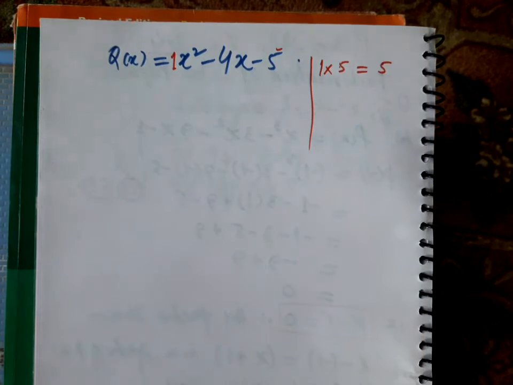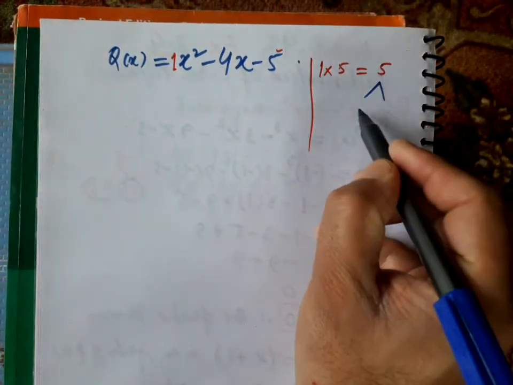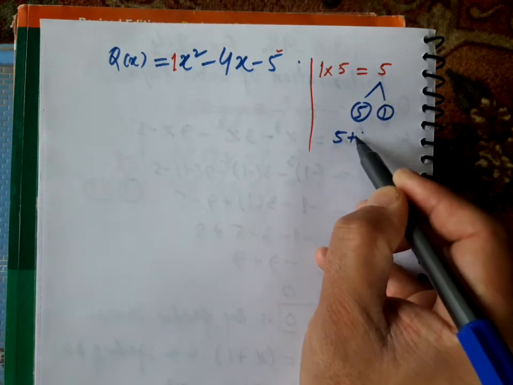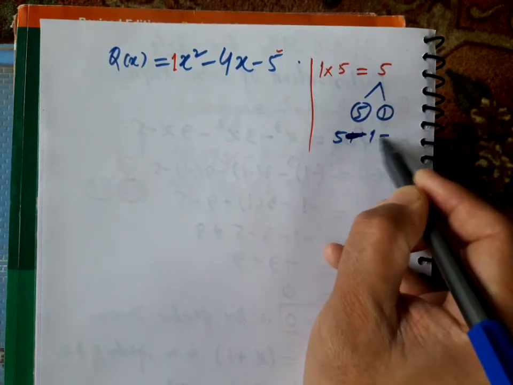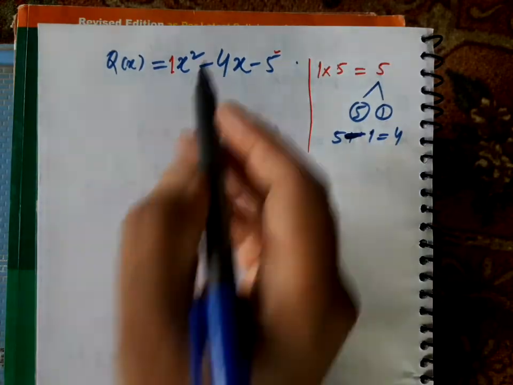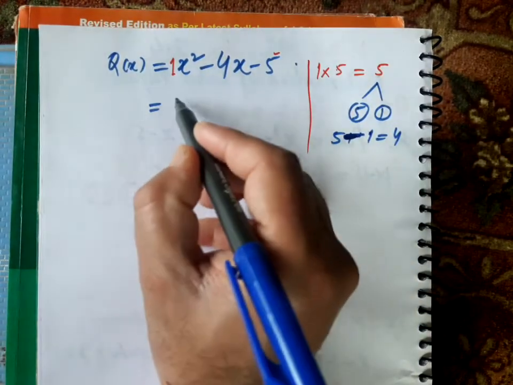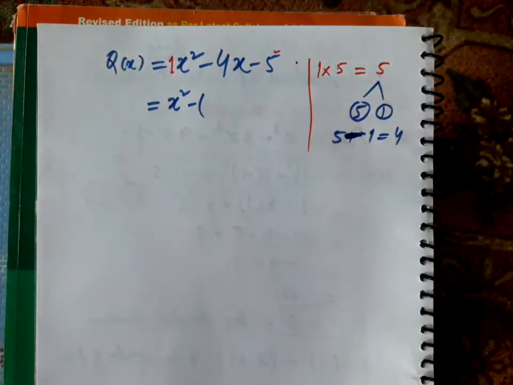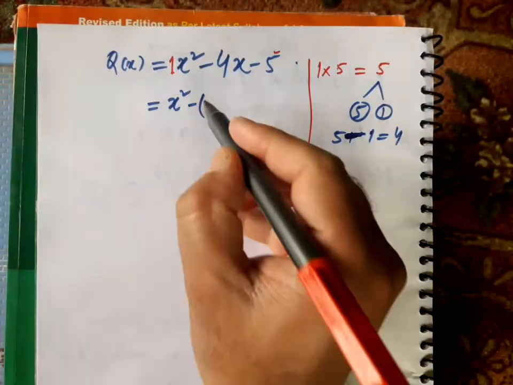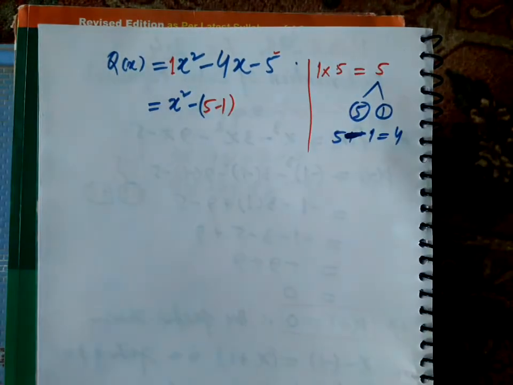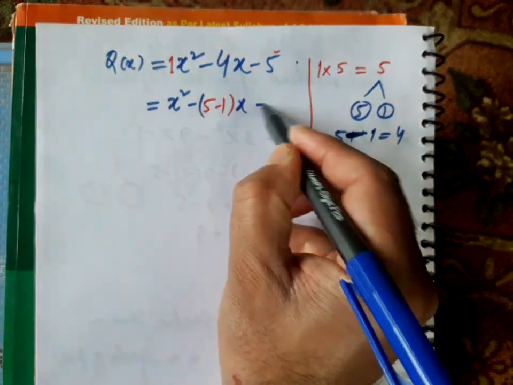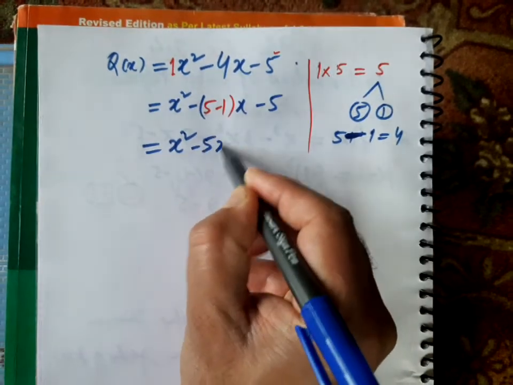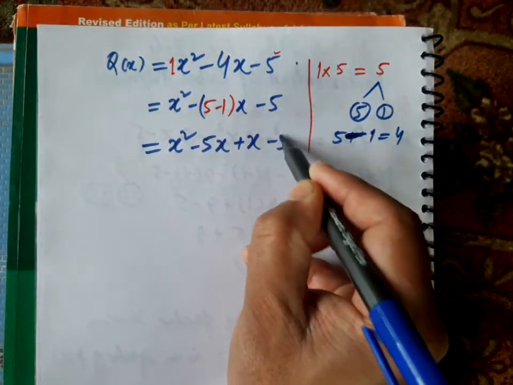5 के फैक्टर्स निकालने हैं, तो 5 के फैक्टर्स हैं 5 and 1, 5 × 1 are 5, so that 5 minus 1 is equal to 4. इस 4 को हम लिखें यहाँ पर, तो हम लिखेंगे x² minus, instead of 4 we will write 5 minus 1, and then x minus 5: x² minus 5x plus x minus 5.